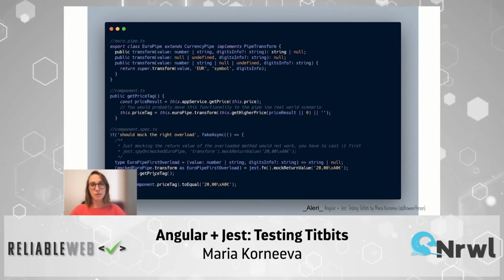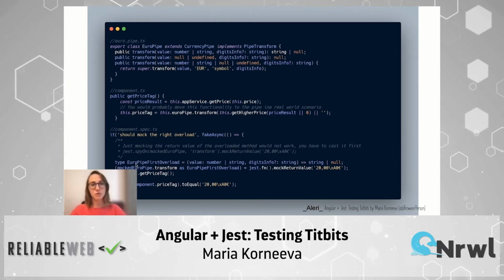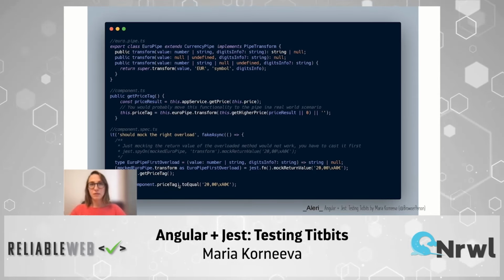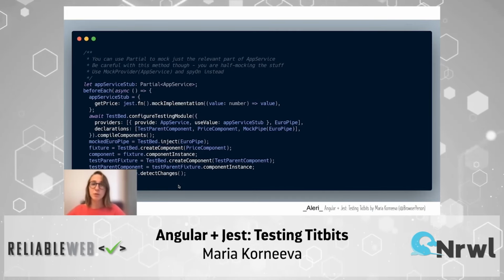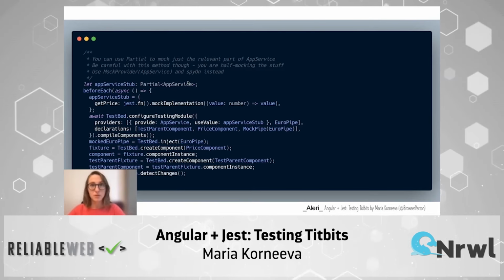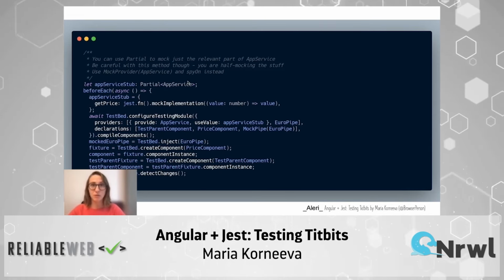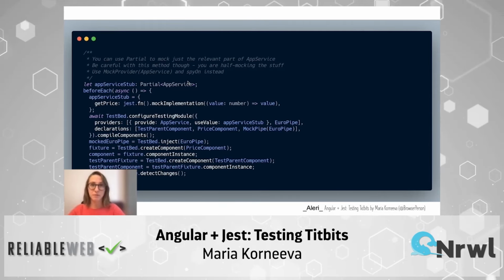Then you call your method as usual, tick through this since it's an asynchronous one, and expect whatever you want to expect. Mocks are of great help if you want to isolate your subject under test. So you can mock away some methods of the service that your component depends on to shift the focus on the component itself.